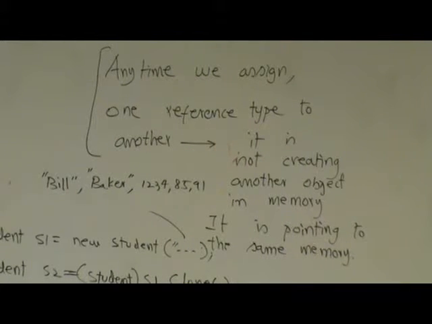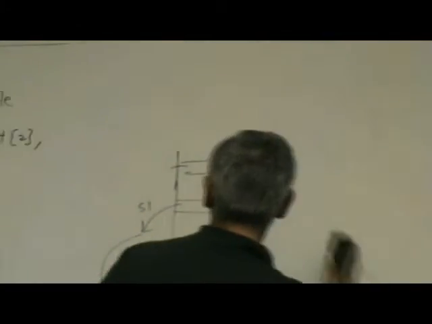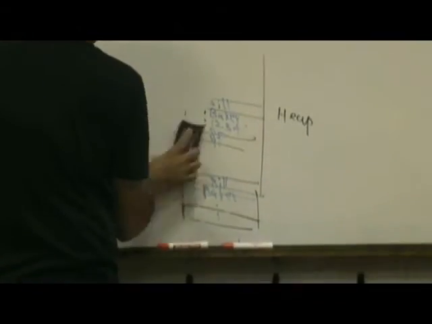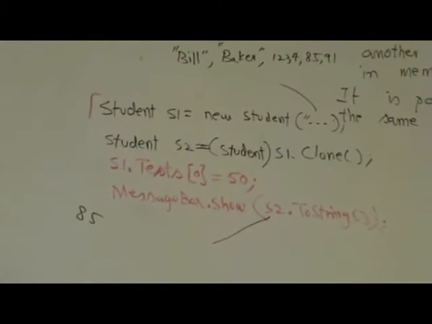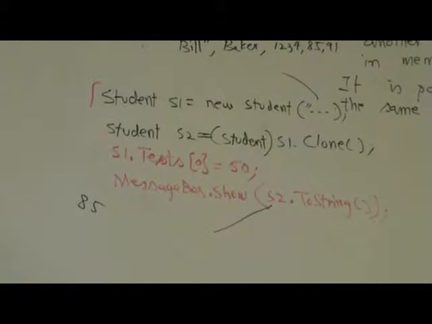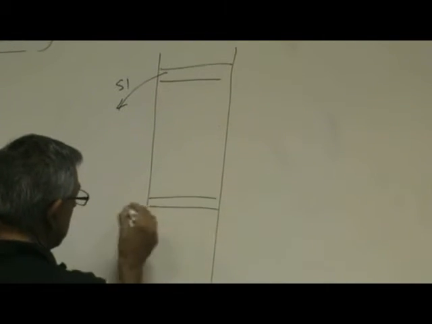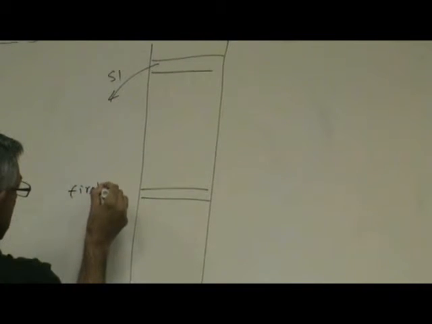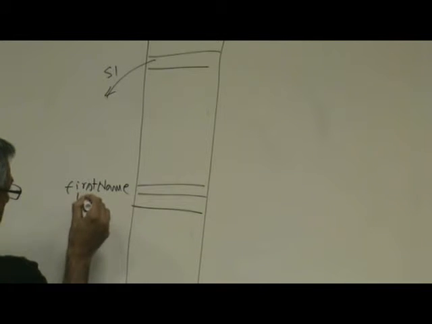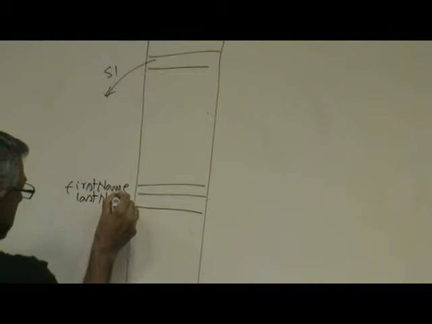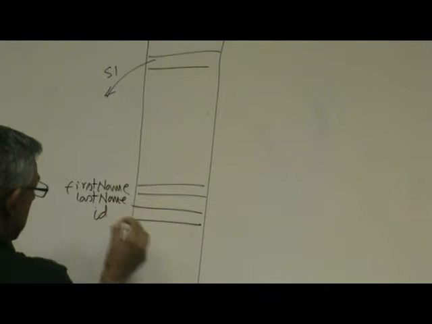Okay, so now let me draw a cleaner picture over here and show you exactly what will happen in this case. Okay, let's take a look at the first statement. So student S1, and here is first name, last name, ID, okay.